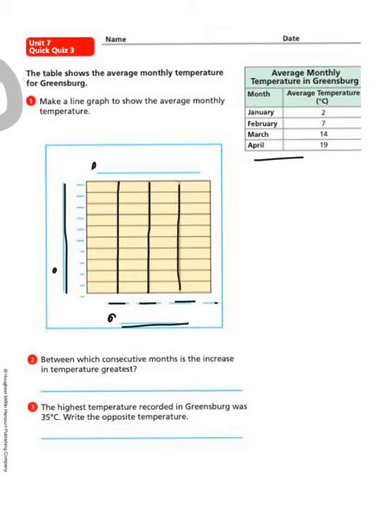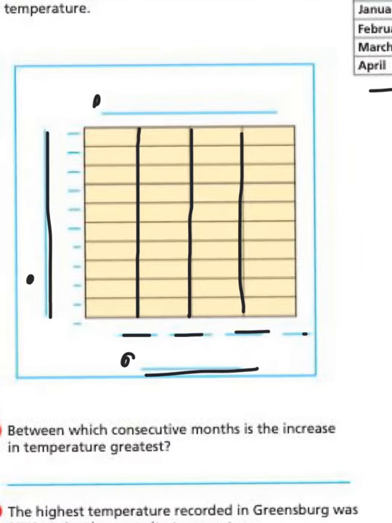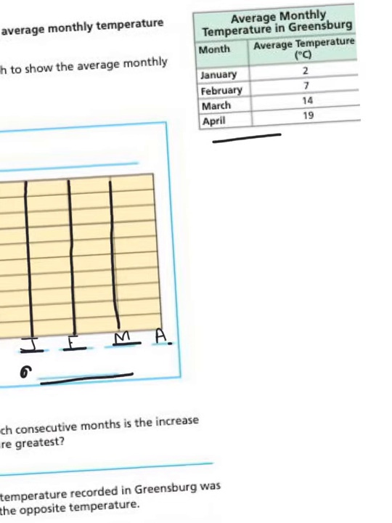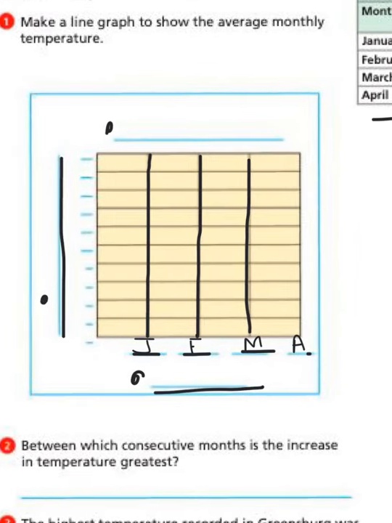So for example, for January, February, you'll want to write those out, March and April. And I have to be able to see the data. For January, it is 2 degrees for the average temperature.